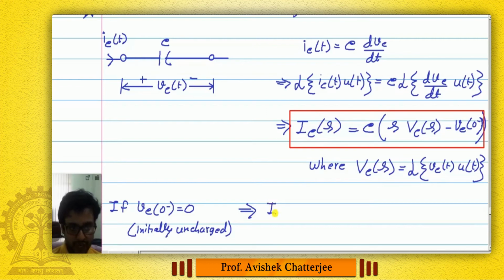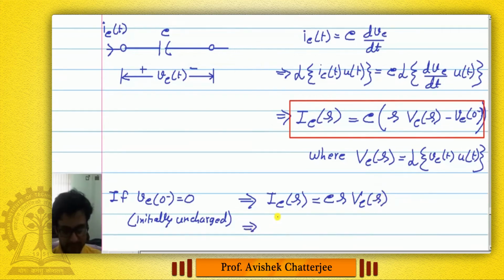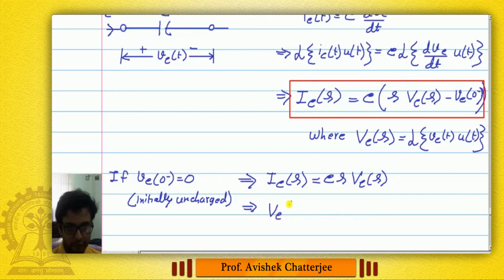It will look like capital IC(s) is equal to C s capital VC(s), or you may write in this way, capital VC(s) equal to 1 over Cs capital IC(s).